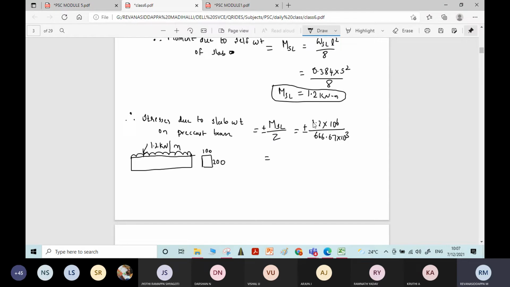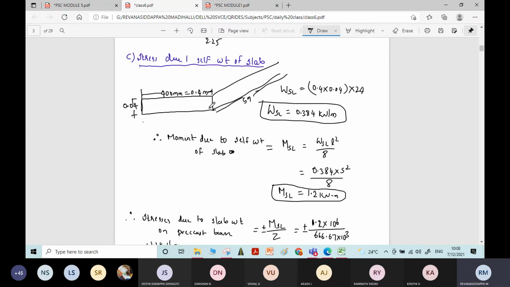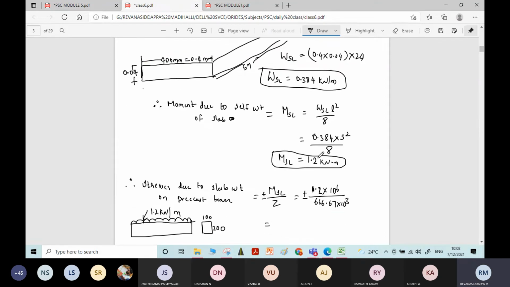You are understanding, right? If you need any clarification, you ask me, please. What we have done is we have calculated the self weight of the slab, and the moment due to the slab we have calculated. That moment is nothing but the dead load moment on the beam.